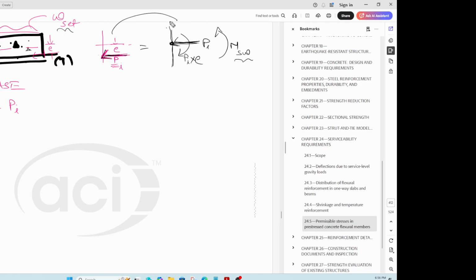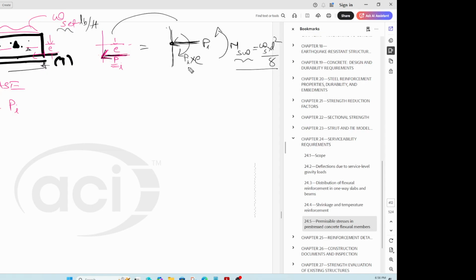So that moment, if this is simply supported and the span is L, and you know the self weight as w lb per feet, then M_SW is nothing but w self weight times L, the span of the beam, squared by 8, right? So that's the moment due to self weight.